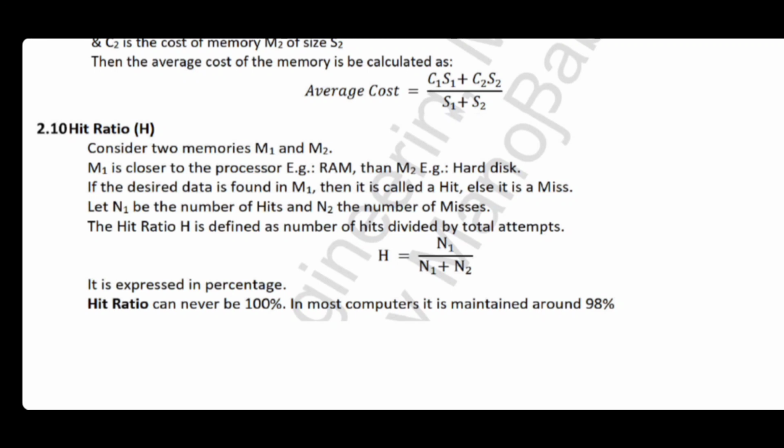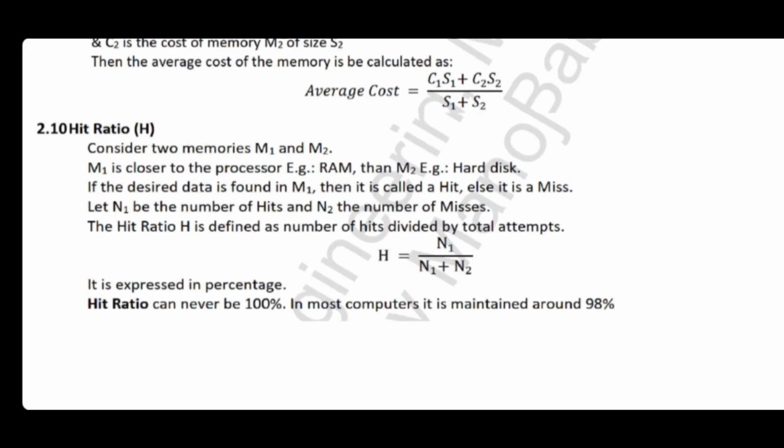If the desired data is found in M1, then it is called a hit, else it is a miss. So if the processor needs some data and it gets the data from M1, then memory M1 is a hit.